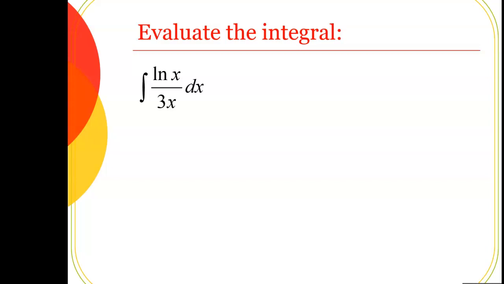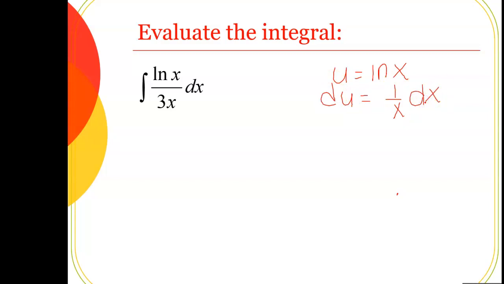So if you have an ln in your problem, the whole ln is going to be your u value. That ln is going to become my u. What works out really nicely in this case is that the derivative of ln is 1 over x.